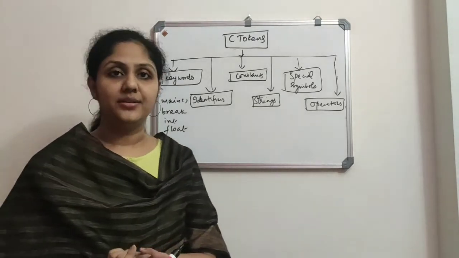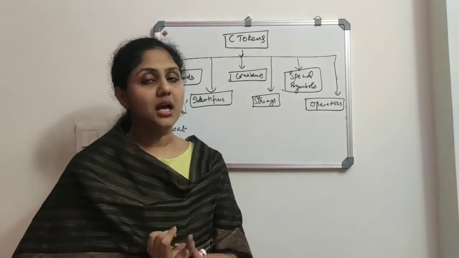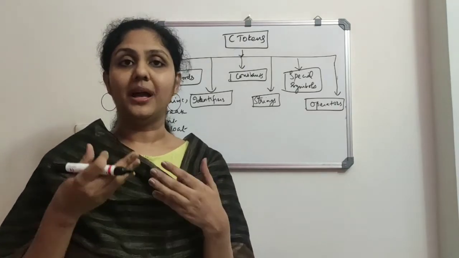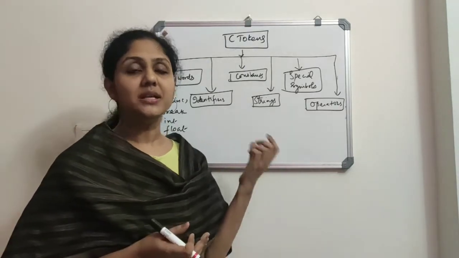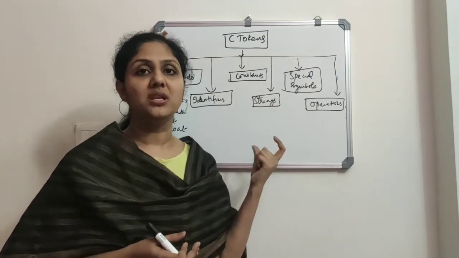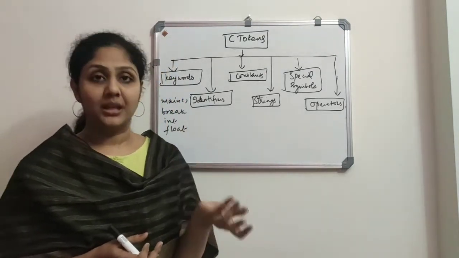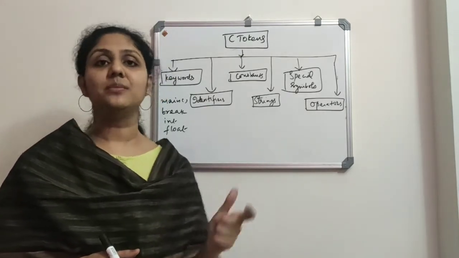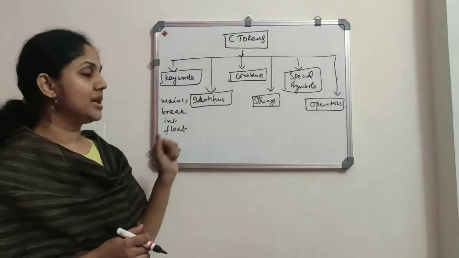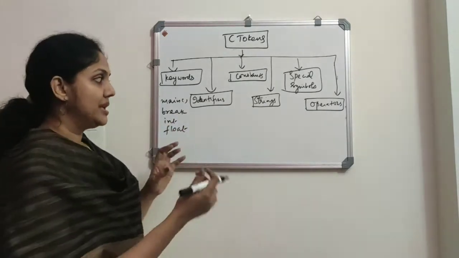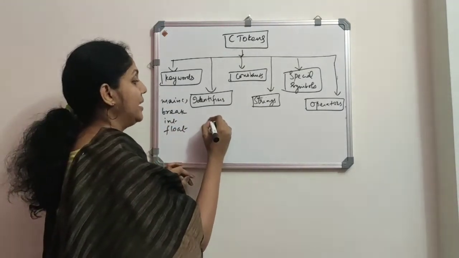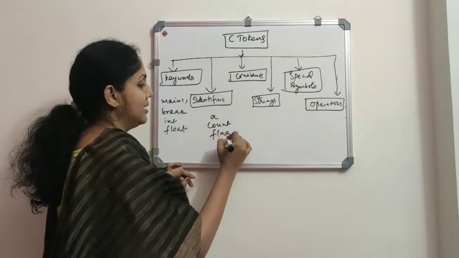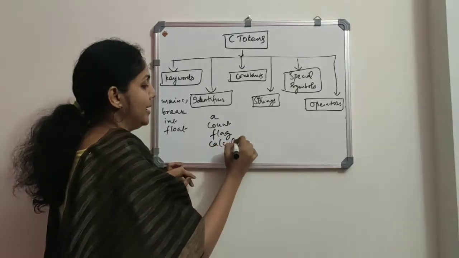Now, what are identifiers? Identifiers are those which are created by us, the people. When we write a program, we can name some variables or functions or arrays. We are giving names to those things, and those are called identifiers. For example, I'm declaring a variable as a, or count, or flag, or calculate.